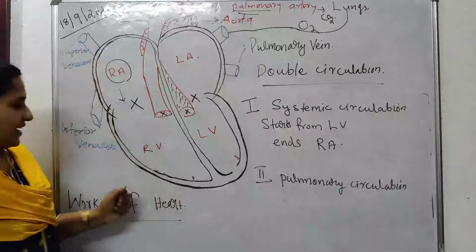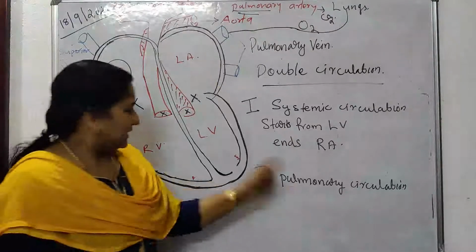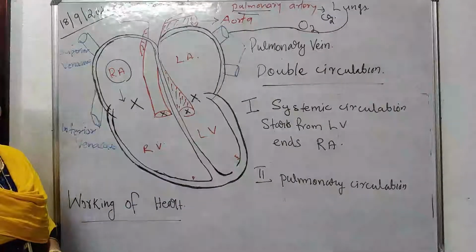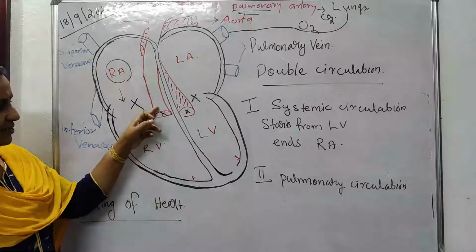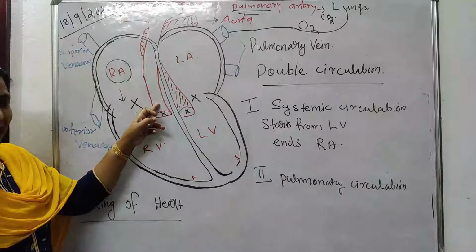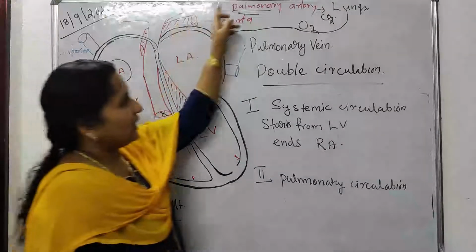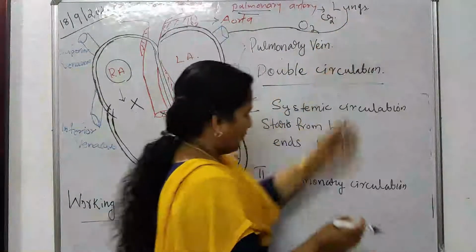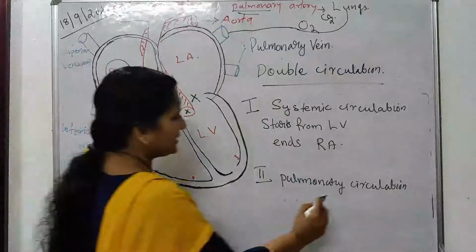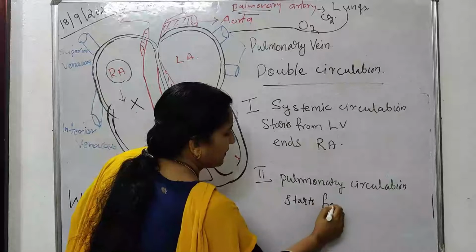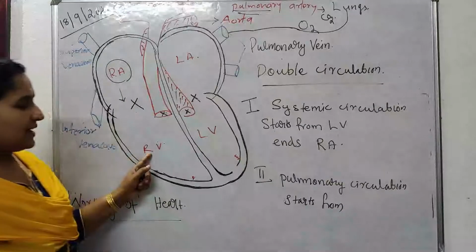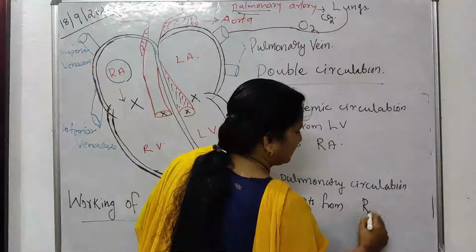Okay. Then what about the pulmonary circulation? Pulmonary circulation starts from the right ventricle. That means pulmonary artery carries blood to the lungs. So we can write, pulmonary circulation starts from right ventricle.